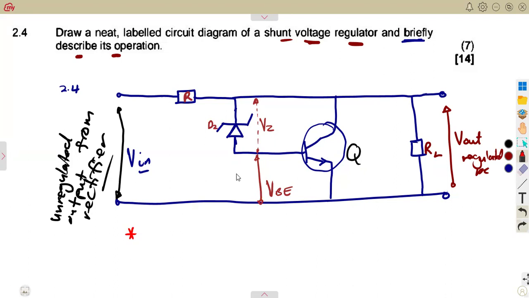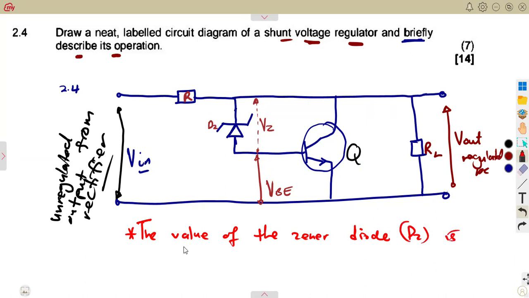All right, so I'm just going to write this statement down here. You're going to consider the value of the Zener diode, which is this Zener diode DZ. So it is selected first.